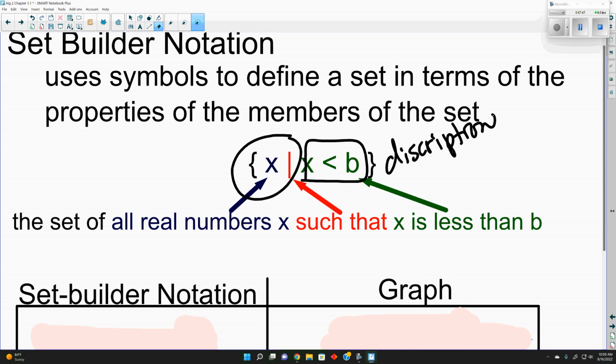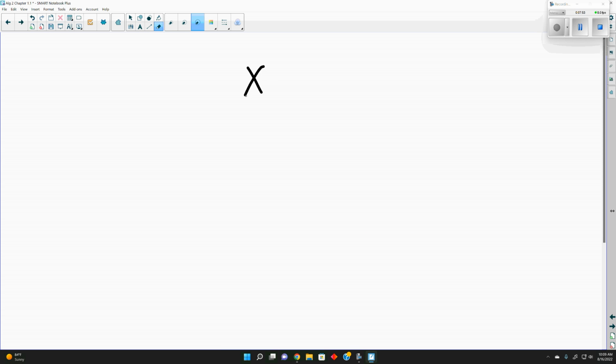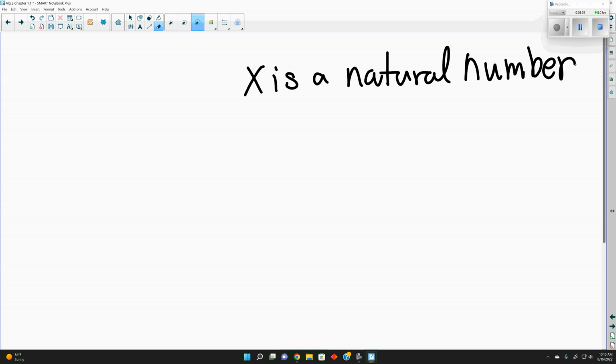And we can write that out. So this definitely is not in your notes. X is a natural number, and we want to write this in set builder.